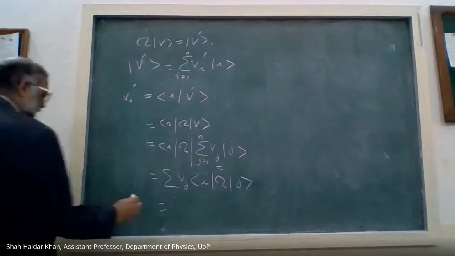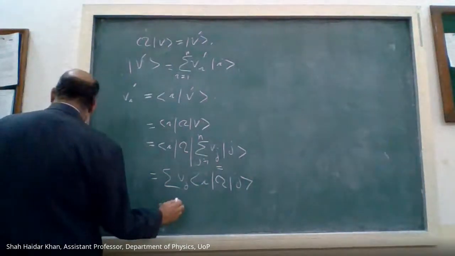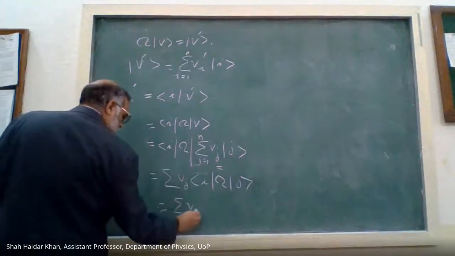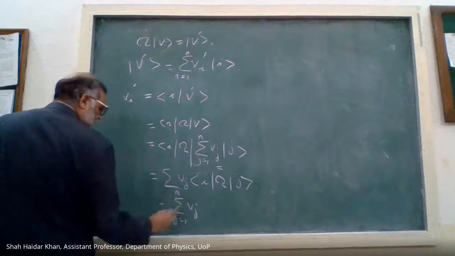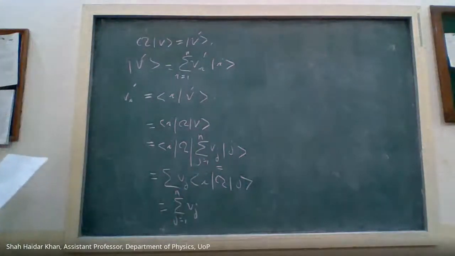And here it will be equal to, right? j starts from 1 and goes to n, right?